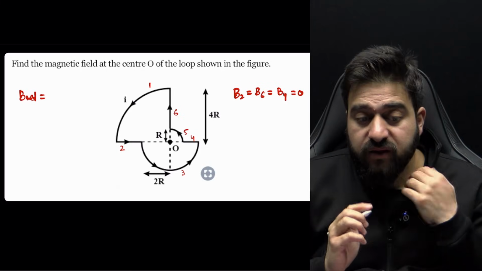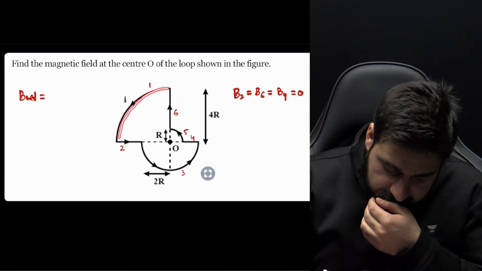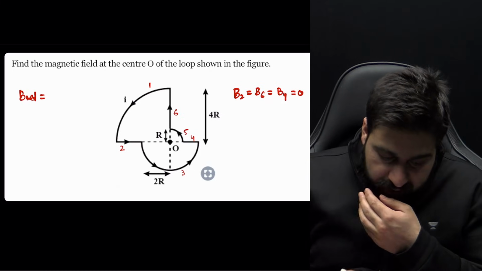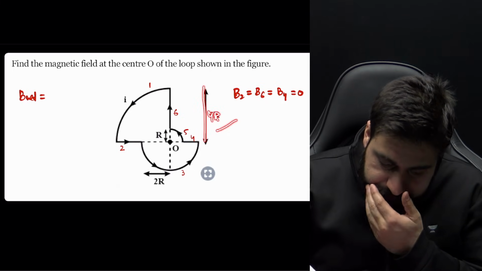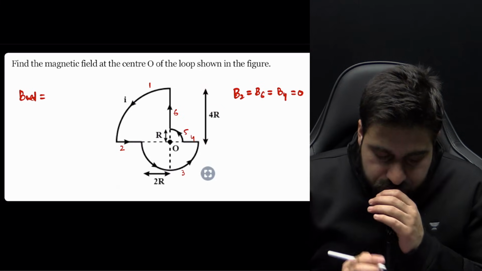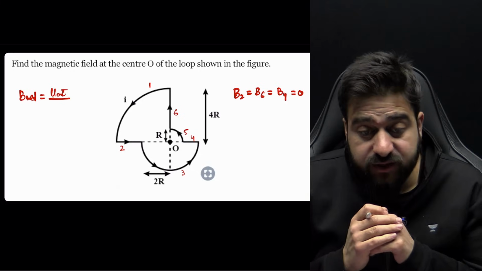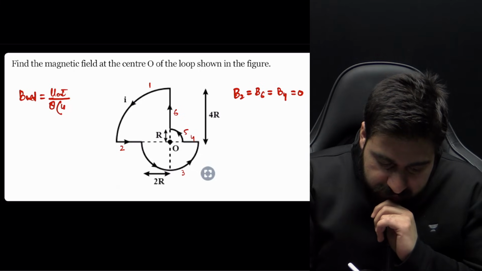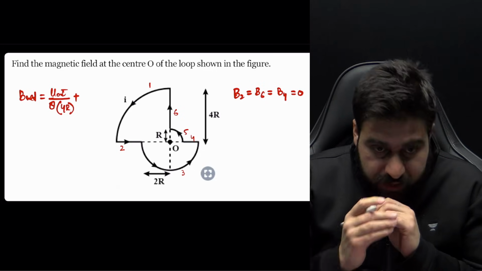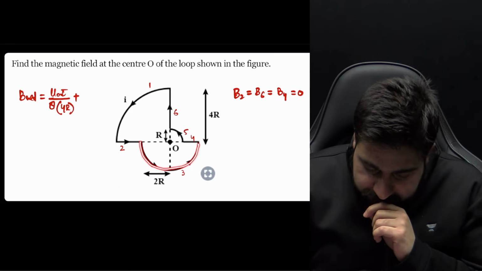Okay. When it comes to the net magnetic field, my dear NEET aspirants, first you'll say, sir, the magnetic field due to the chord. And this chord has a radius of 4r. The magnetic field due to a chord is mu naught I by 8r. So instead of r, I can write 4r because its radius is 4r, plus. What is the magnetic field due to the semicircular wire?